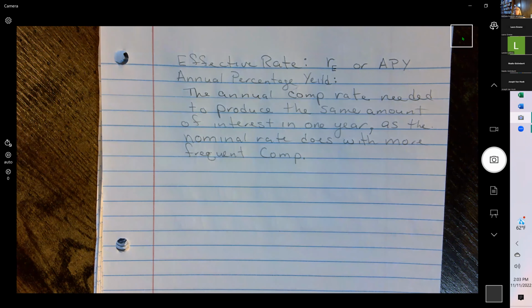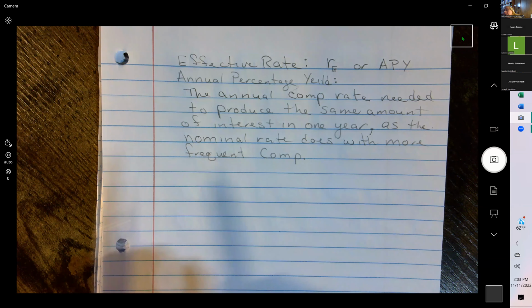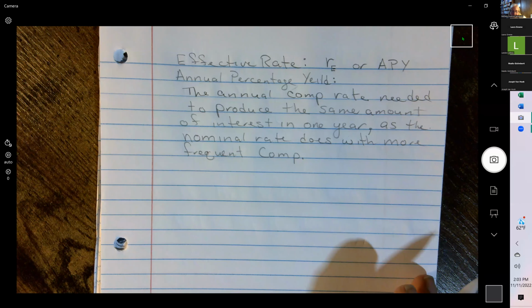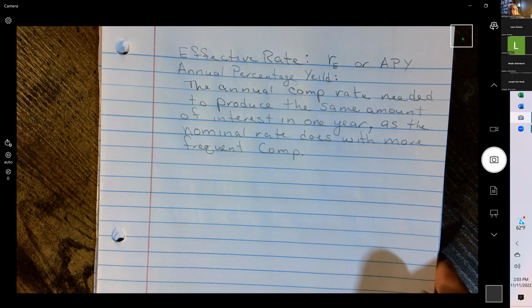So if you had one rate that's compounded quarterly, another rate that's compounded monthly, and another one semi-annually, you can't compare them because of the way they're compounding. But if you find the effective rate of each one, then you can compare them. And that's what effective rate allows you to do.